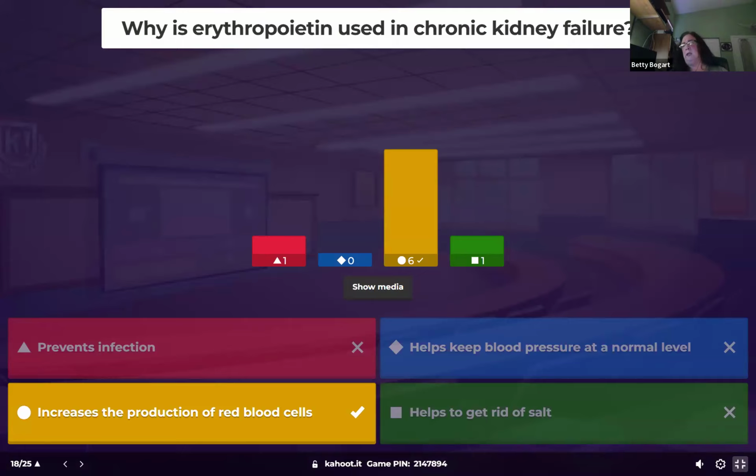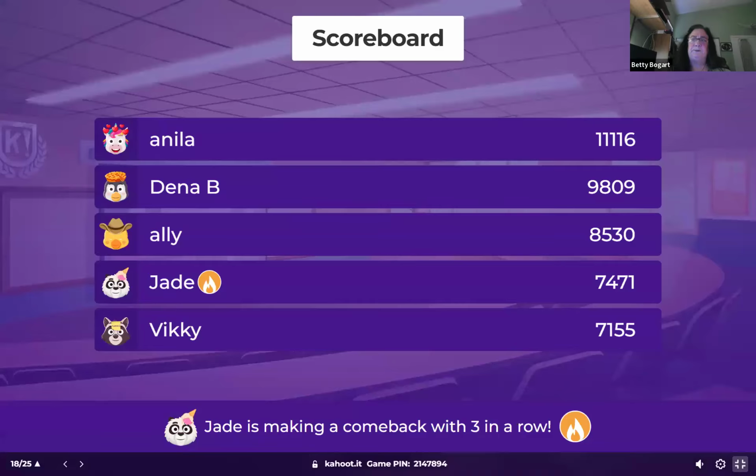We use this a lot in conditions where the red blood cells are low, hemoglobin and hematocrit are low. We use this with cancer and leukemias, and especially chronic renal failure because you don't have your own erythropoietin. It makes the body produce more red blood cells, and that avoids extra blood transfusions. If you get one less blood transfusion because erythropoietin is used, that is our goal, to make our body work for itself.